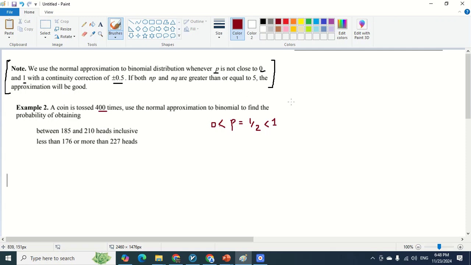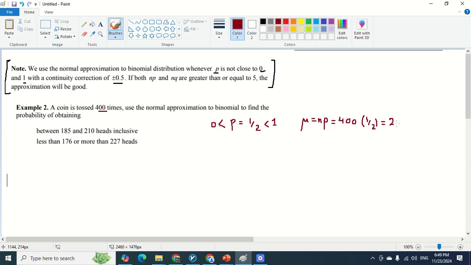And let us calculate the np. The mu, or the expected value, for this type of binomial distribution is given by np. So n is 400 and p, the probability of success, is half. So the result will be 200, and of course 200 is greater than 5.